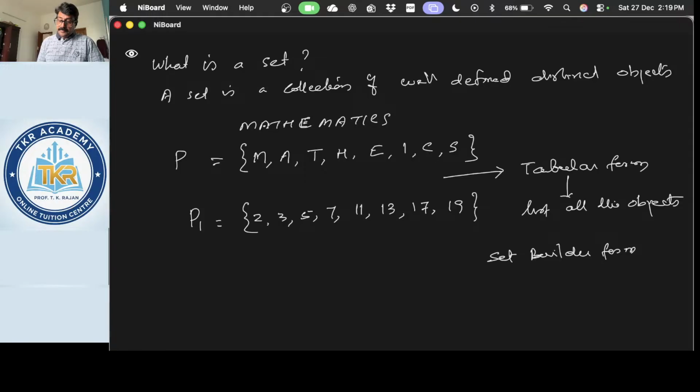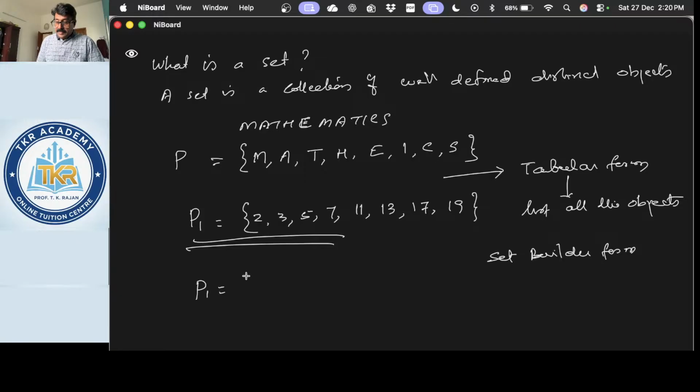For example, take this example P1. It is actually the set of all prime numbers less than 20. So every number or every element in this set is a prime number, and not only that, it is less than 20. So how do we write this in set builder form?